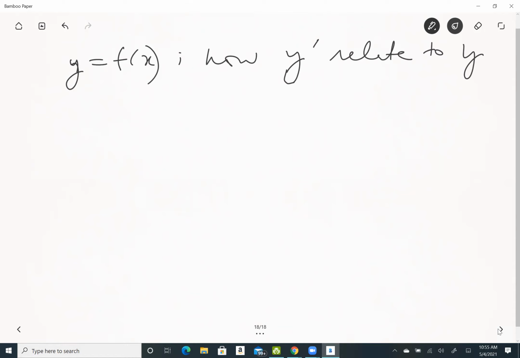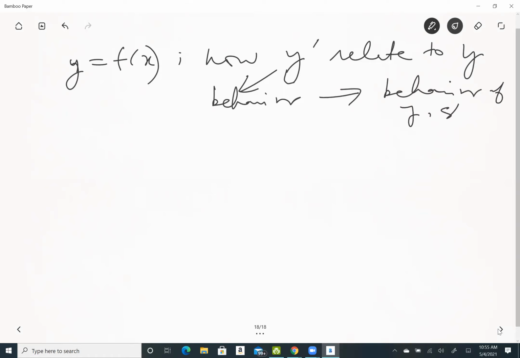So basically, given the behavior of this y prime, we can determine the behavior of the function, the behavior of y. And when you know the behavior of y, we can sketch the graph. Okay, we can sketch the line, the curve.